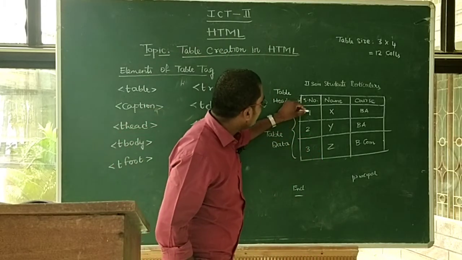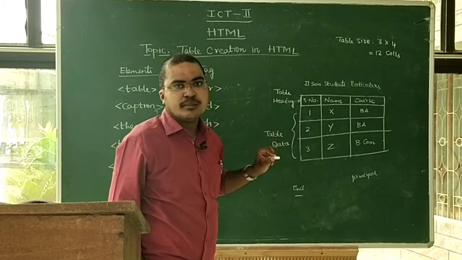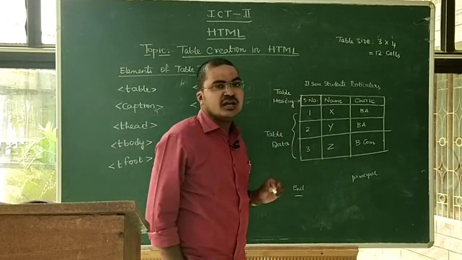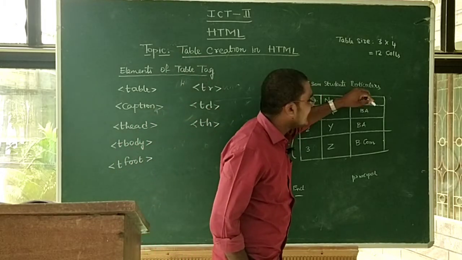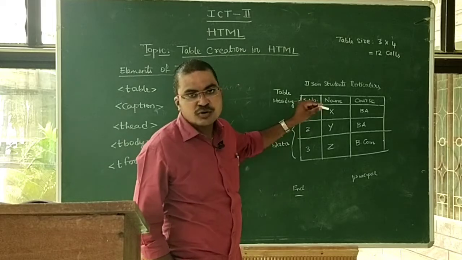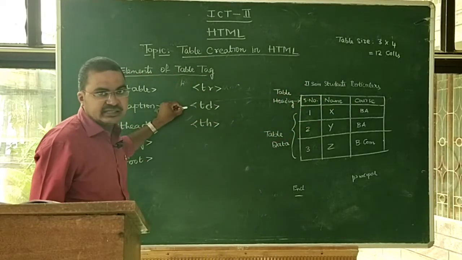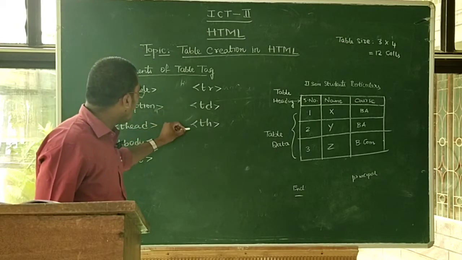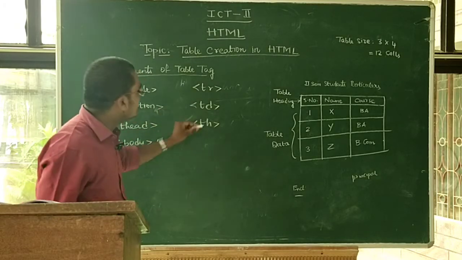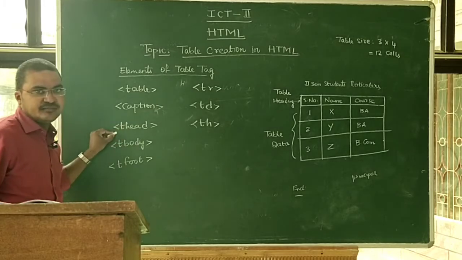So this is one kind of table data, this is another kind of table data, and this is another table data. So we can arrange the table data with the help of the TD tag. Okay, and what about TH? TH is similar to thead.